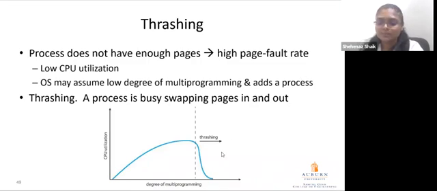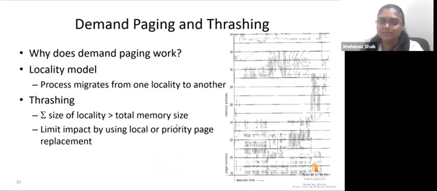That is an important factor: to identify the least number of memory frames required to accommodate all the pages required by a particular process. And we want to do that for each process that is active in the system.